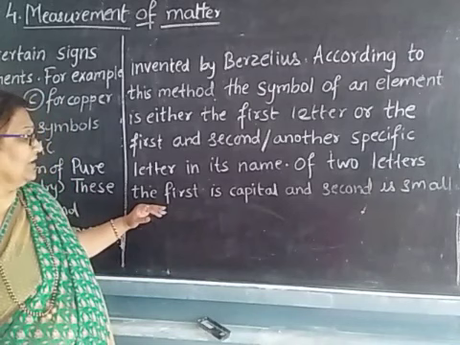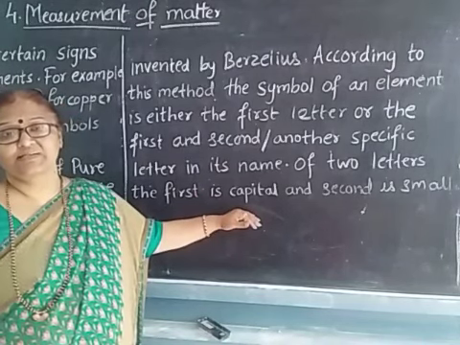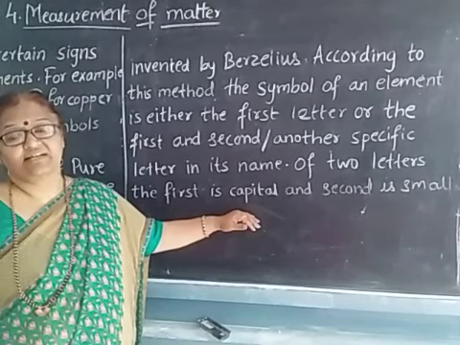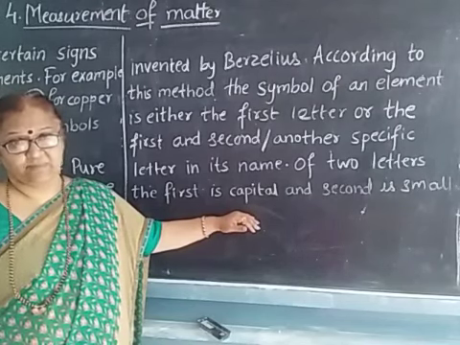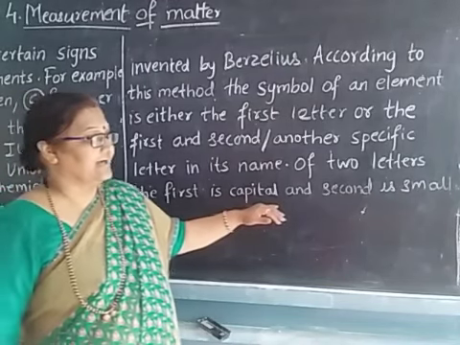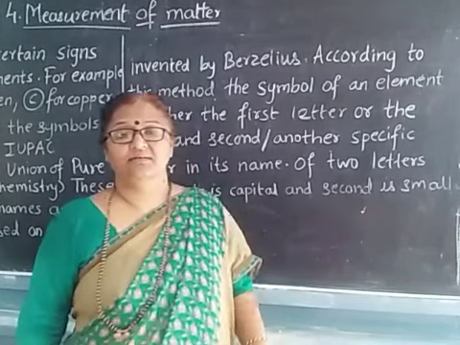So, of two letters, the first is a capital. Whenever we write the symbol of a particular element, if it contains two letters, the first letter is capital and the second letter is small.